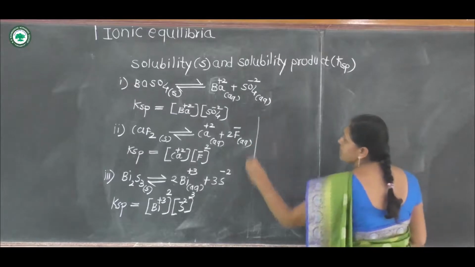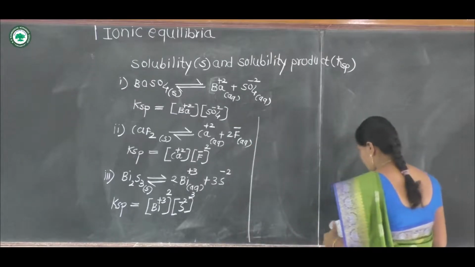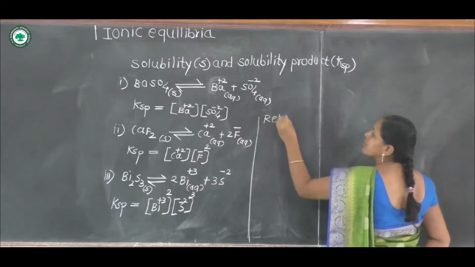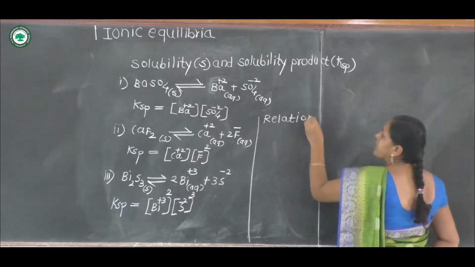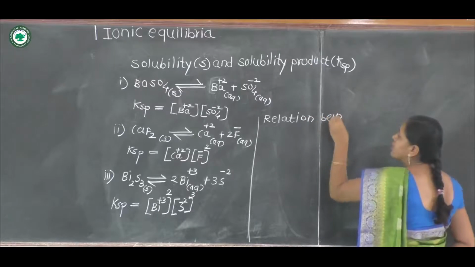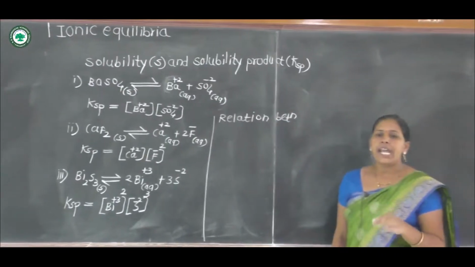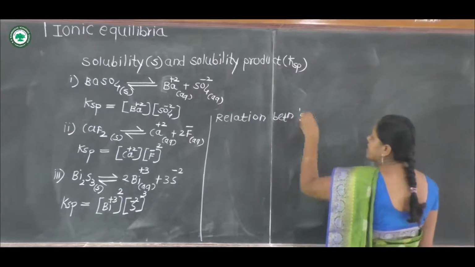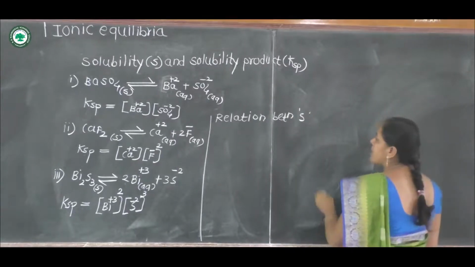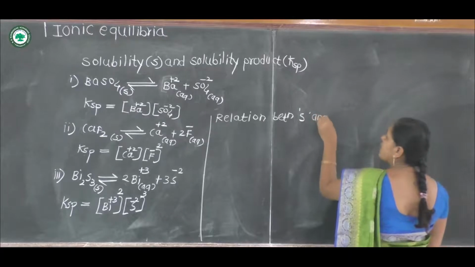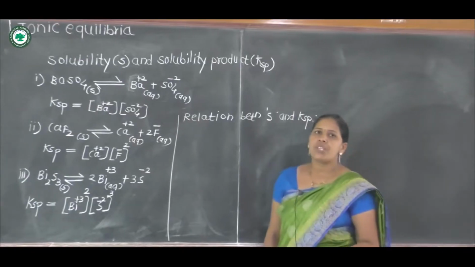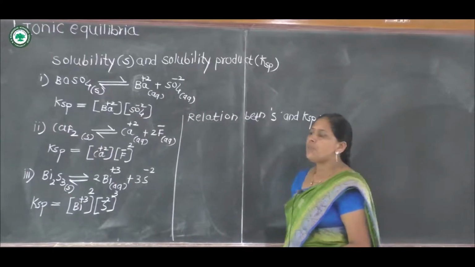Then next is the relation between solubility and solubility product. Solubility means capital S and solubility product means KSP. What is the relation between solubility and solubility product?